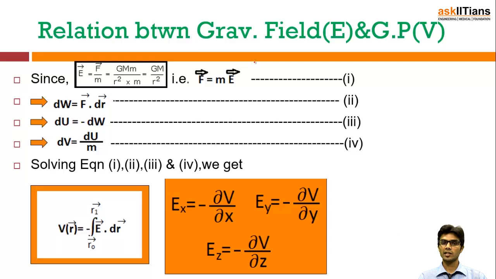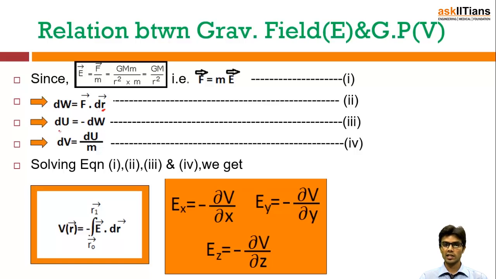Relationship between gravitational field and gravitational potential. What is the relation between E and V? We know that E is equal to F by m, gravitational field is force by mass, and it can also be written as G m by r square. Previously we saw F is equal to m E, this is equation 1. Work done is the dot product of force and displacement.